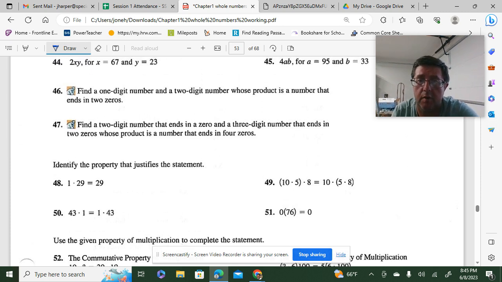Okay, let's look at this one. Find a one-digit number and a two-digit number whose product is a number that ends in two zeros.